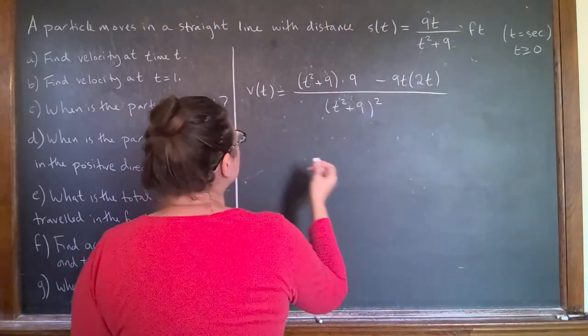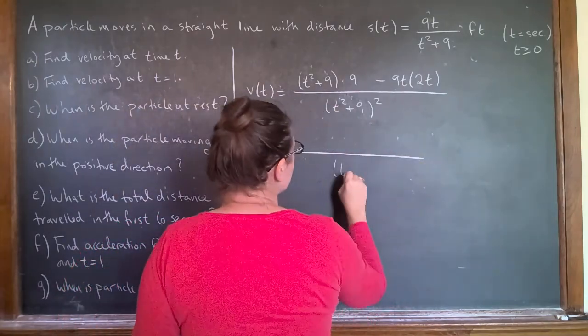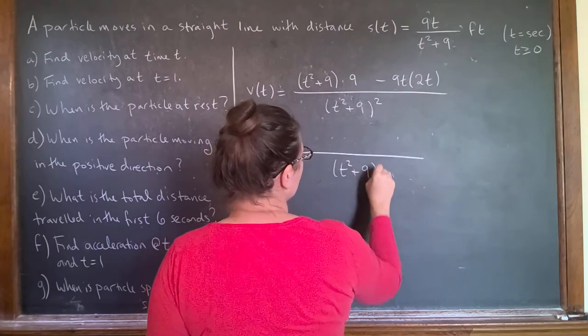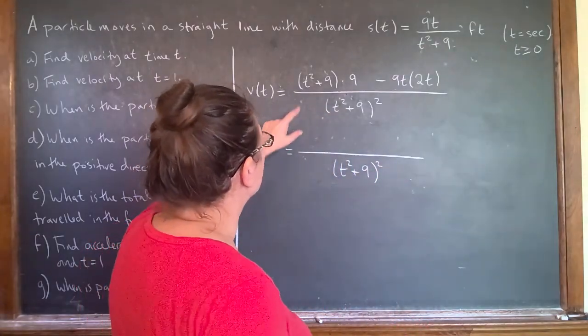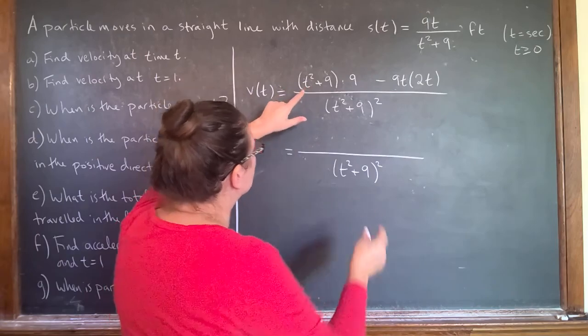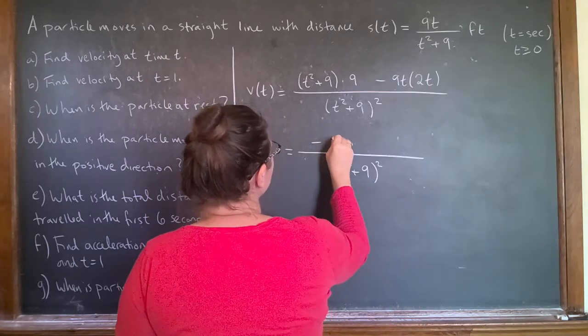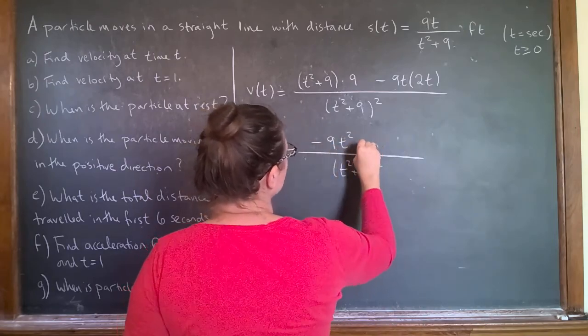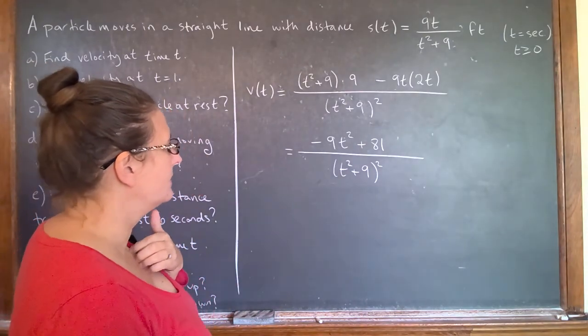Okay? And here I do want to spend a little bit of time cleaning it up, because it's going to make my life easier in the long run. So this is 9t squared minus 18t squared, so this is going to be minus 9t squared plus 81 in the top and t squared plus 9 squared in the bottom.